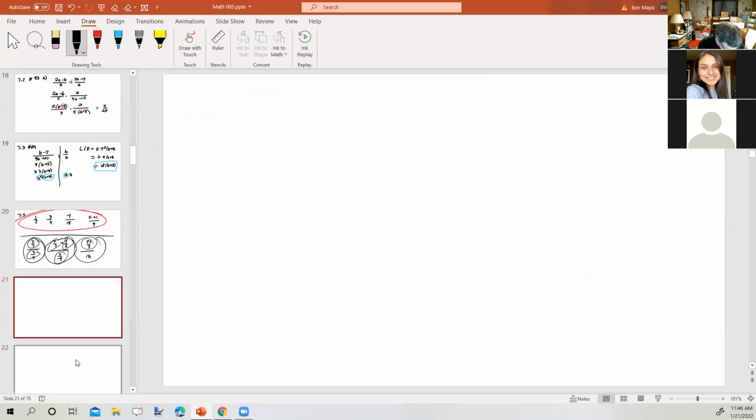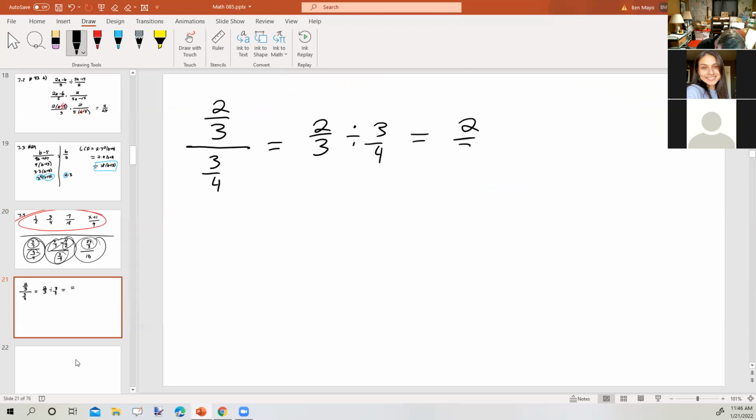All right, let's take a look at an example. 2/3 divided by 3/4. If you took arithmetic way back, you learned that if you have a fraction divided by a fraction like this, you can rewrite it as 2/3 times 4/3.